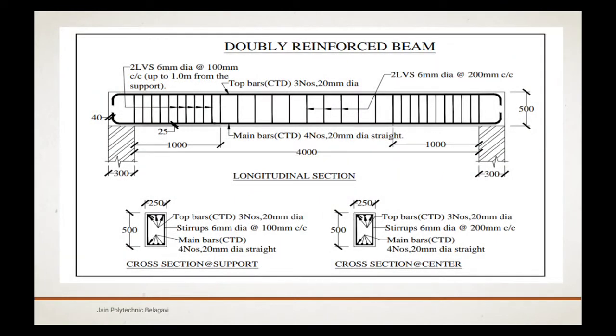So let us see the diagram of a doubly reinforced beam. Here it is: main bar CTD 4 numbers 20 mm dia straight, and top bar CTD 3 numbers 20 mm dia.